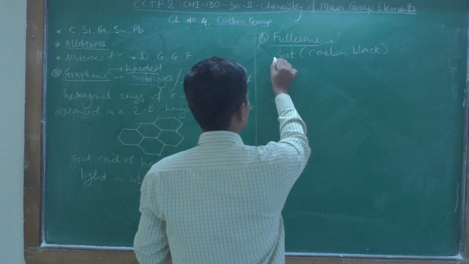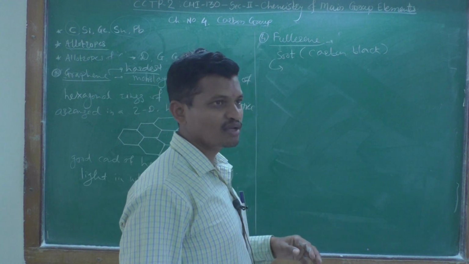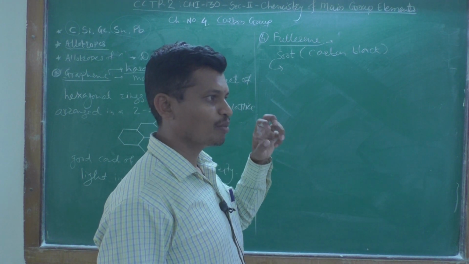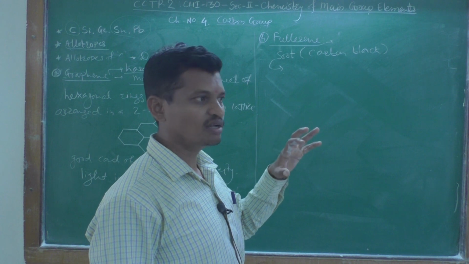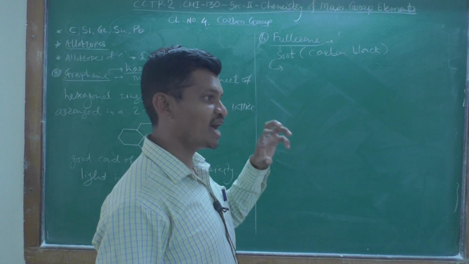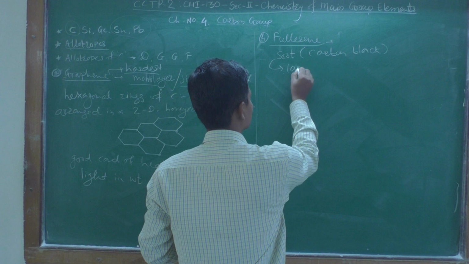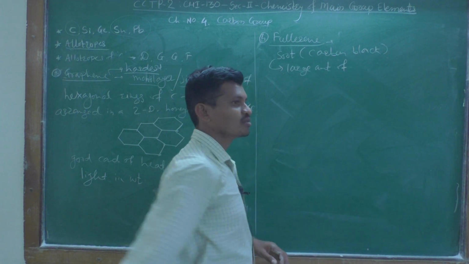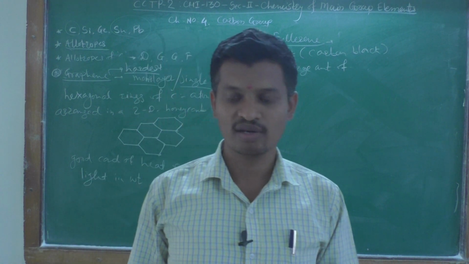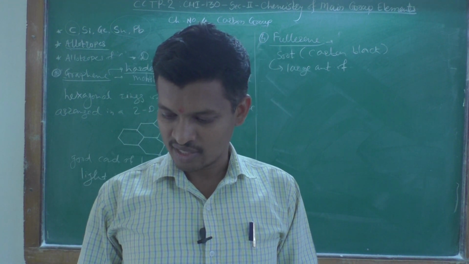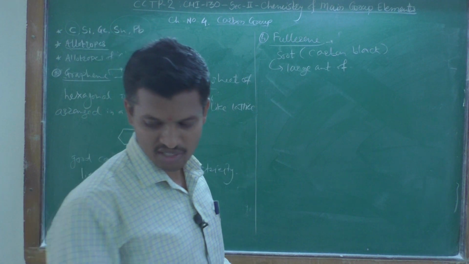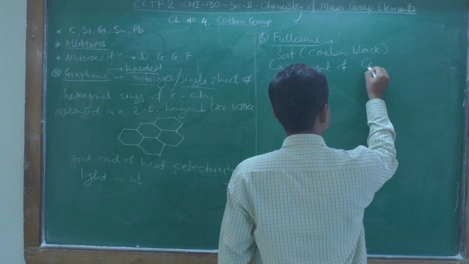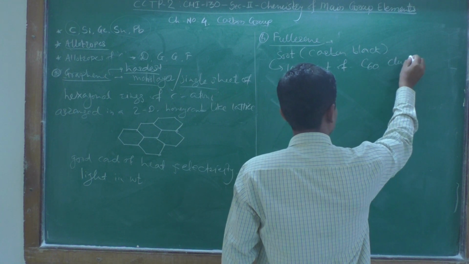Okay, and this soot consists of a significant amount, meaning a large amount, of this fullerene material. Okay, these C60 molecules or carbon cluster compounds.